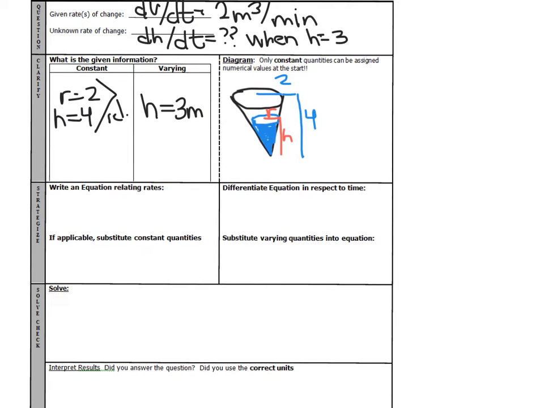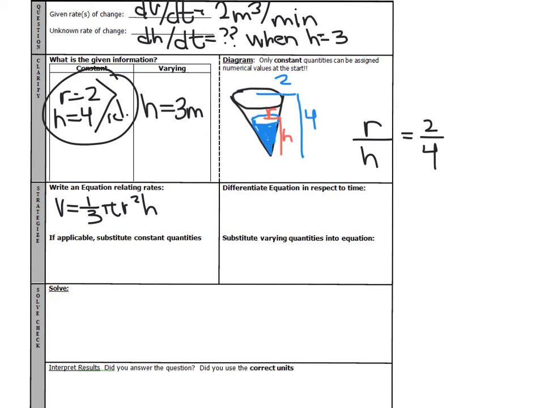So now looking at this, they told us what equation we're going to use. It's 1/3 pi r squared h. Now you can see here, I've got two variables, right? I don't have anything really to substitute into this function if I only want one variable. But I do know this relationship of 2 to 4. And so when we're looking at the relationship between radius to height, it is a 2 to 4 relationship.